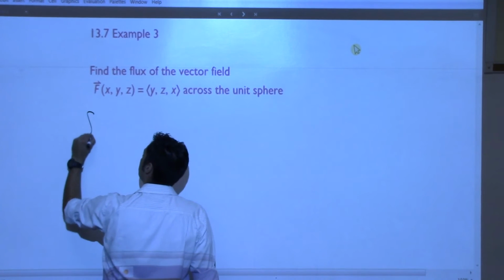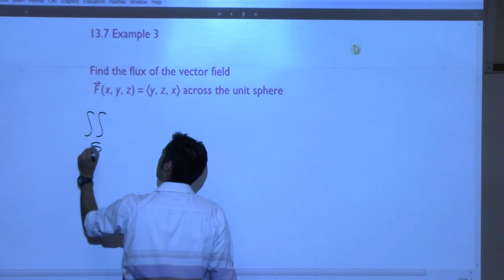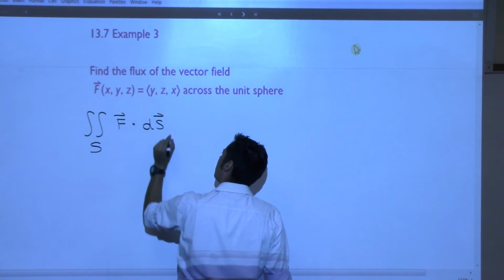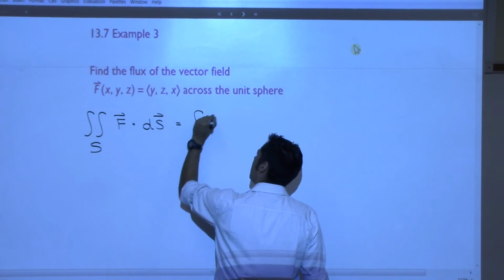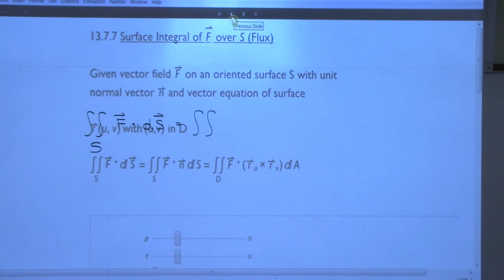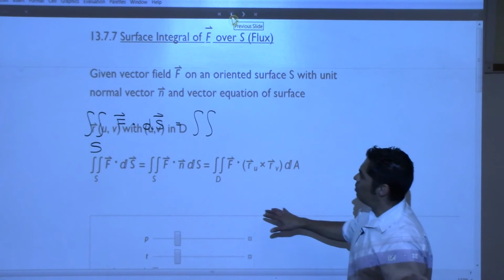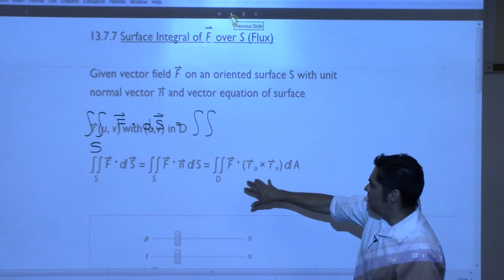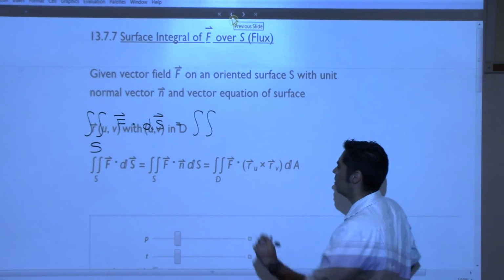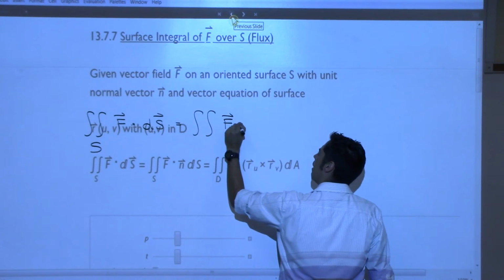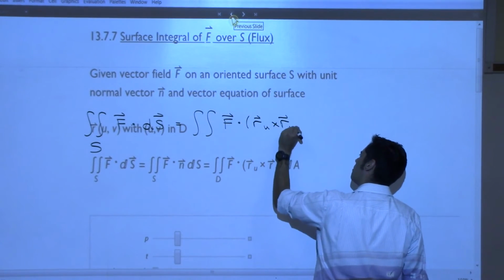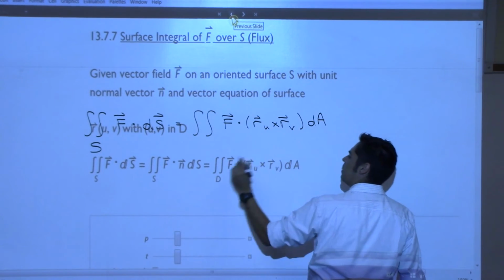So here's what I want: the double integral over S of the vector field dotted with dS, which is a double integral, and go back to the formula. I only pointed out one of the two formulas. The one I'm going to use mostly to begin is this one right here. We will use the other one sometimes. So F dotted with the partial of r with respect to u, cross the partial of r with respect to v, dA, and this will be over D.